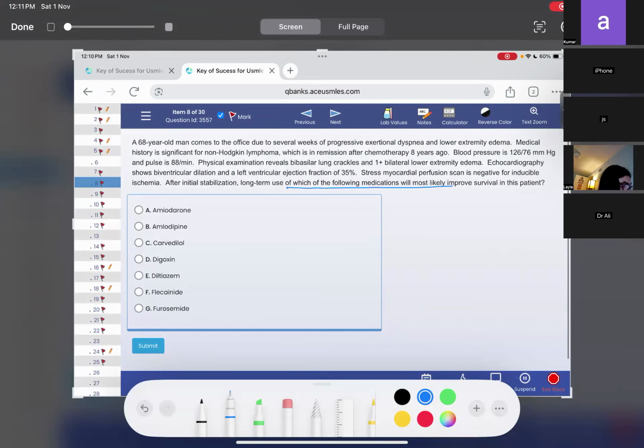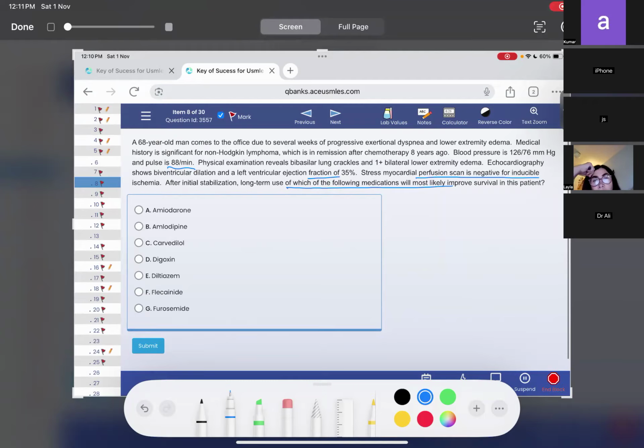Blood pressure is 126/76 and pulse is 88 per minute. Physical examination reveals bibasilar lung crackles and 1+ bilateral lower extremity edema. Echocardiography shows biventricular dilatation and a left ventricular ejection fraction of 35%. Stress myocardial perfusion scan is negative for inducible ischemia. After initial stabilization, long-term use of which of the following medications will most likely improve survival in this patient?